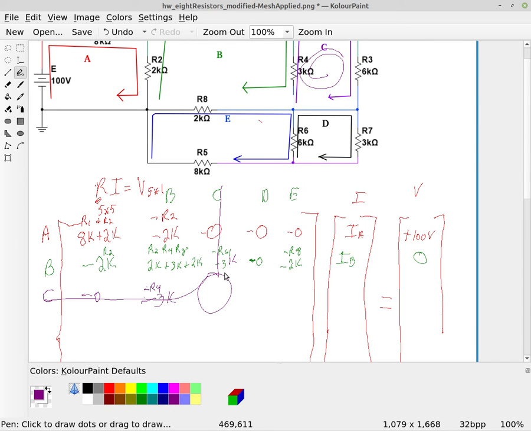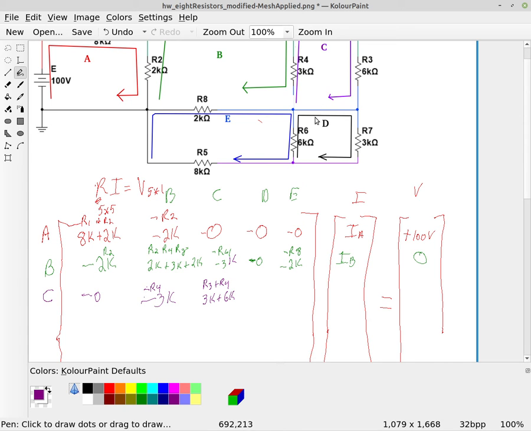C column and the C row, that's where we put all the resistors that are touching the C loop. And so that is R3 and R4. Okay. And so that's going to be a 3K plus a 6K. Okay, we add those ones in there.